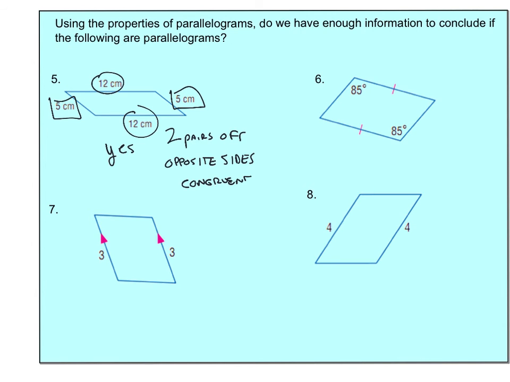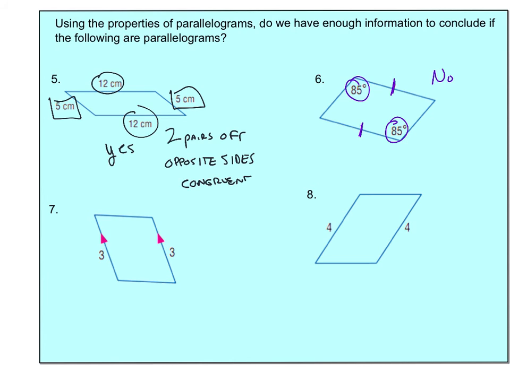For number 6, you've got these two are 85, okay? And you've got these two are equal. I'm going to say I don't believe so. Because, hold on one moment. You know what? Nope, I'm going to stay with no, okay?